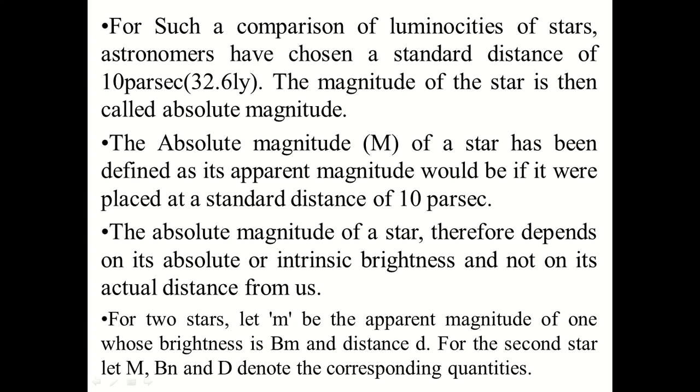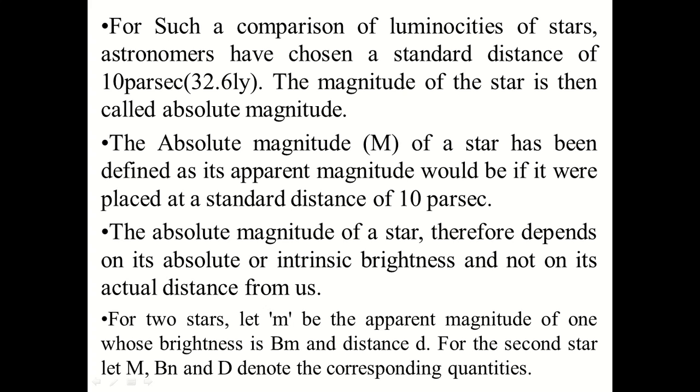That magnitude will be the absolute magnitude of the star. Thus, the absolute magnitude M of a star has been defined as its apparent magnitude would be if it were placed at a standard distance of 10 parsec.